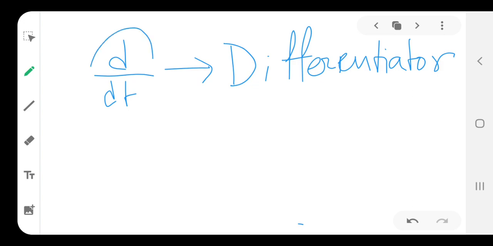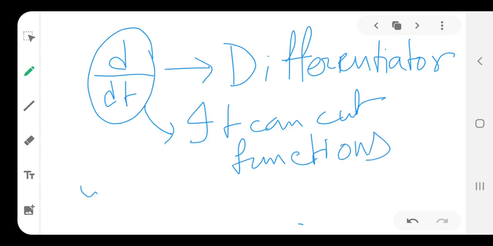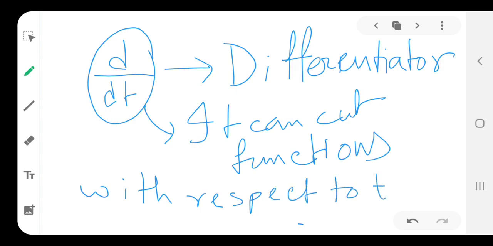This whole thing is one thing. This means it can cut functions with respect to t. So with t it can cut functions.